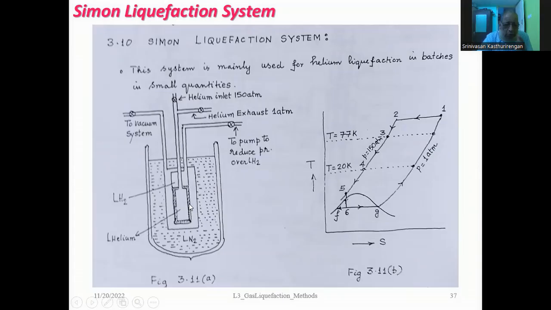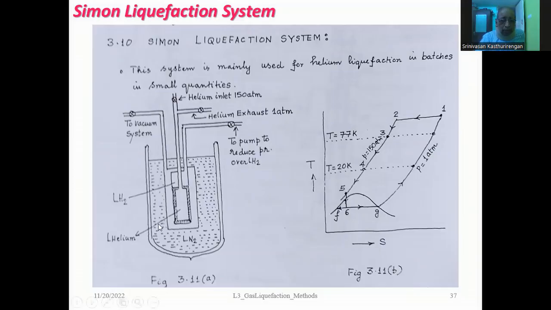So there is a good heat transfer between the nitrogen and the innermost container holding the helium. Gradually the helium gets cooled. The gas is first filled to 150 bar, that is 1 to 2. Now 2 to 3, the pressure remains the same. More and more helium is drawn inside, and with the temperature dropping, it reaches state 3.